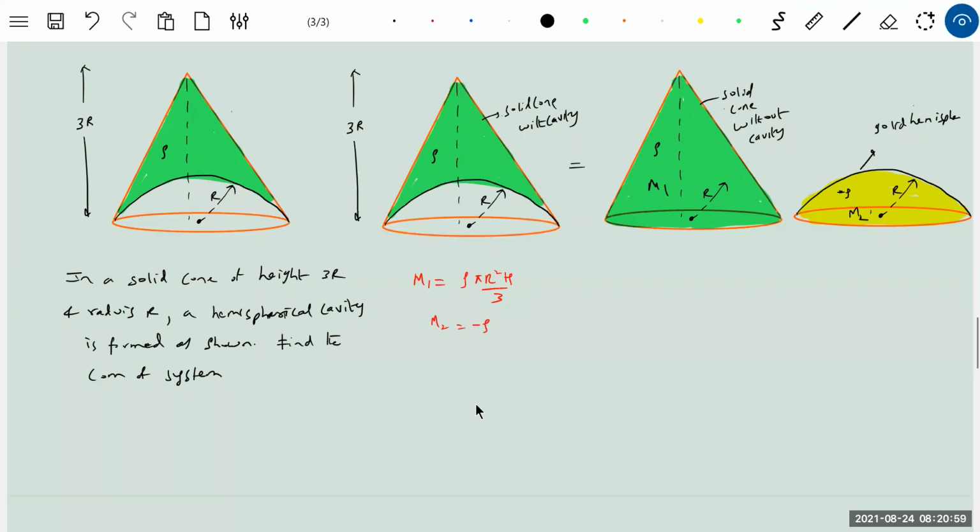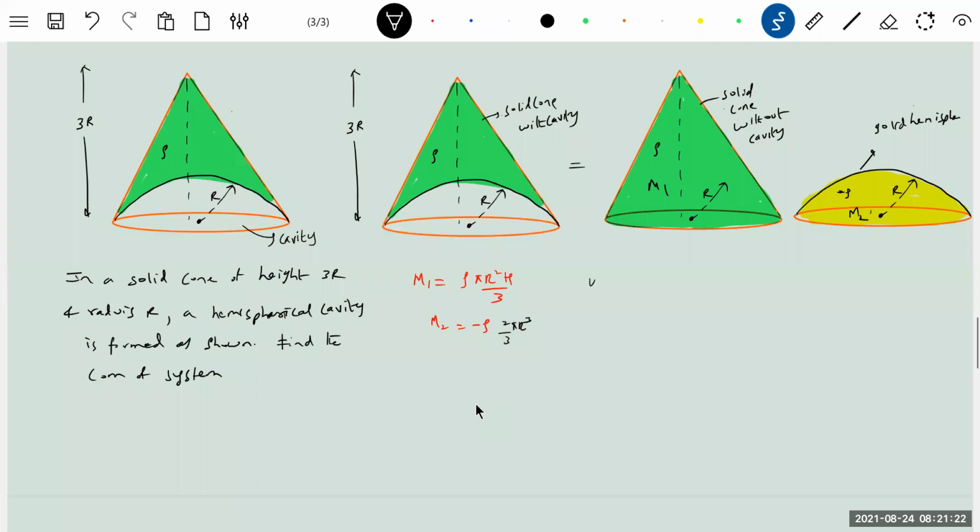Minus rho. Why negative? Because there's an absence of mass, no? When I keep this here, positive density and negative density will cancel out, then we'll get a cavity here. So this is the cavity. Now this should be 2 by 3 pi r cube.